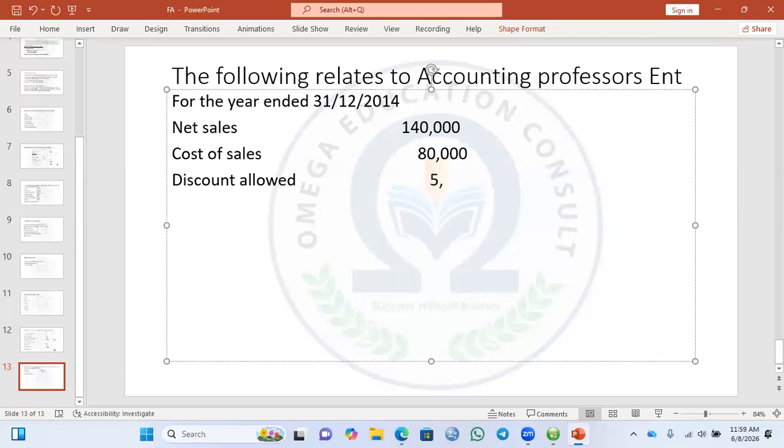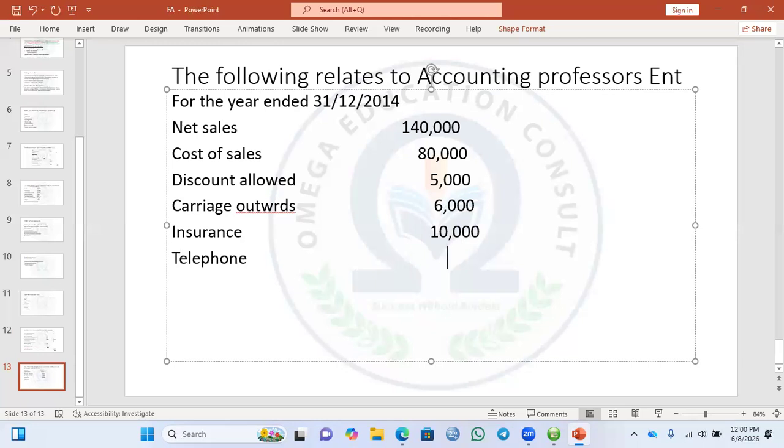In fact, most of the challenges students have with this topic is identification of the items, whether it's an expense or an income. That's where the challenges come. Carriage outwards $6,000. Then you have insurance $10,000. You have telephone $8,000.